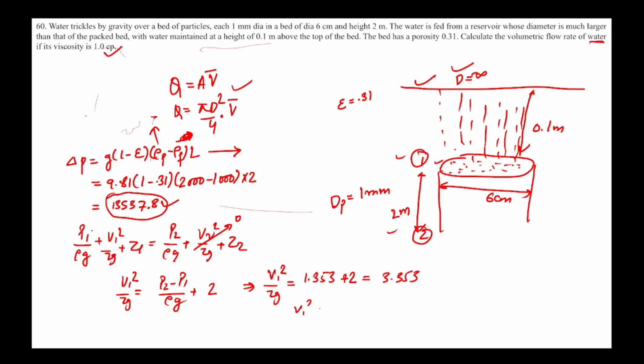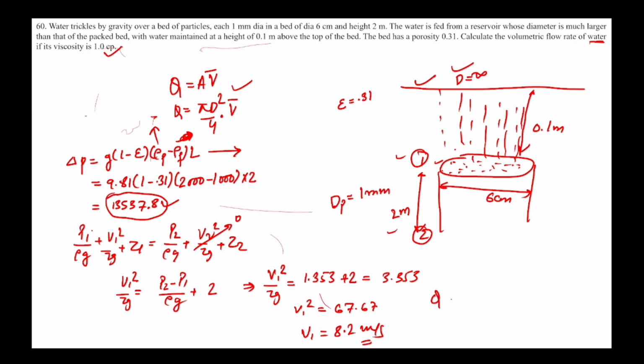So V1 square is equal to 3.353 into 20, 67.67, and V1 is equal to 8.2 meter per second.